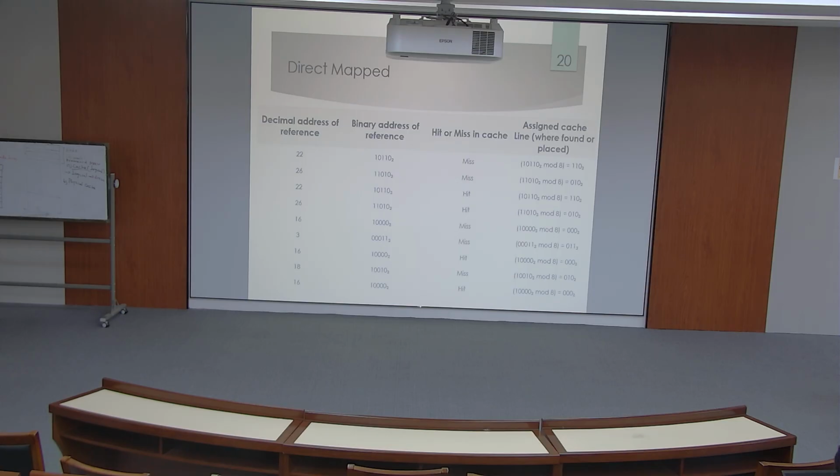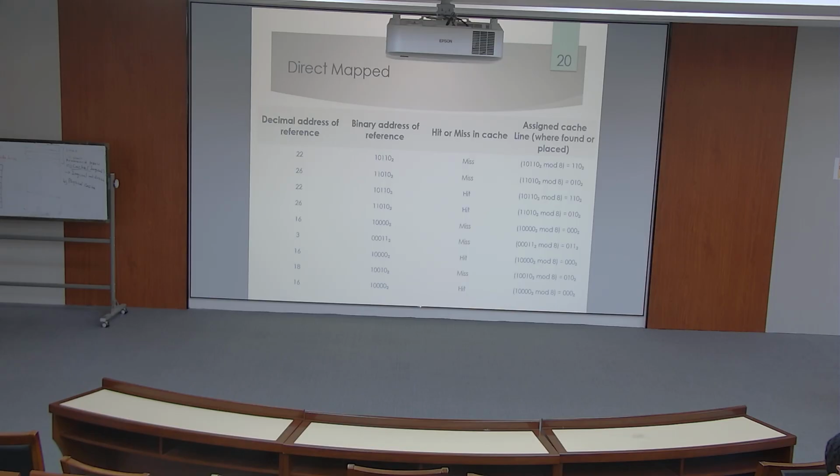Since we have 8 cache lines, 26 mod 8 is 2.